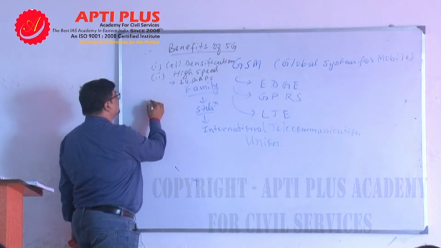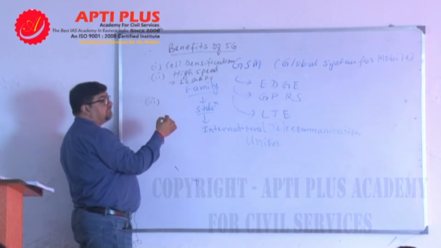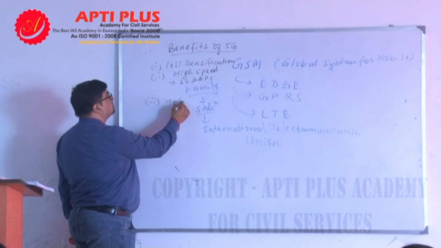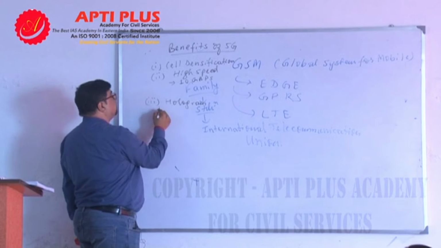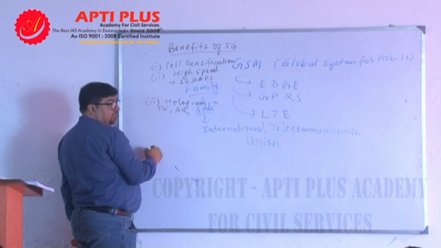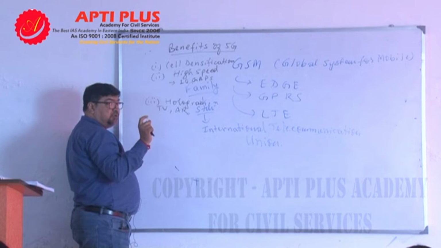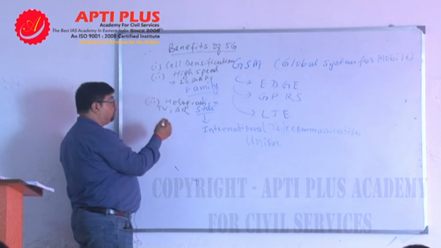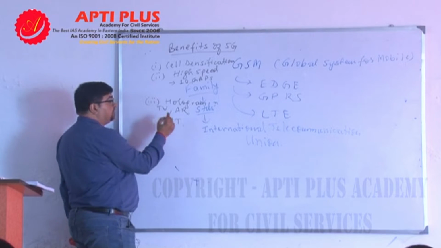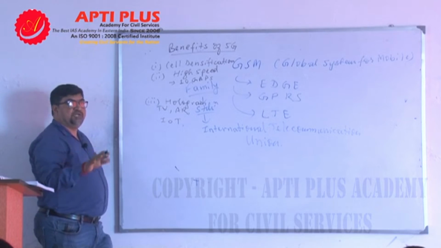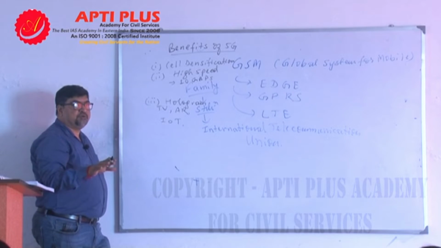Next advantage of fifth generation is certain aspects like, for example, hologram TV, and augmented reality, AR. Then a very important application which will be given through fifth generation is IoT, Internet of Things. Today, in a mobile phone you cannot use IoT.